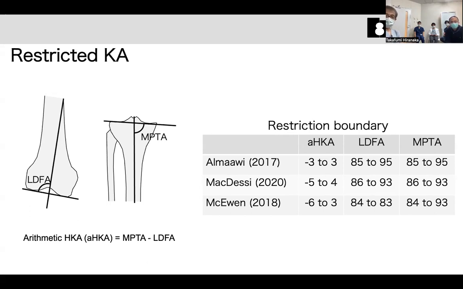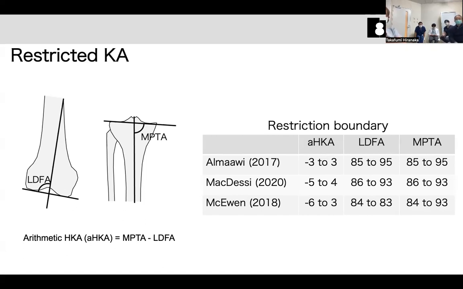McDessie and McEwen allow only 3 degrees in valgus in terms of MPTA. But I want to restrict the valgus alignment up to 0 degrees. I don't want to allow valgus MPTA after the operation, because some patients have a vertically perpendicular neutral MPTA or slight valgus MPTA.